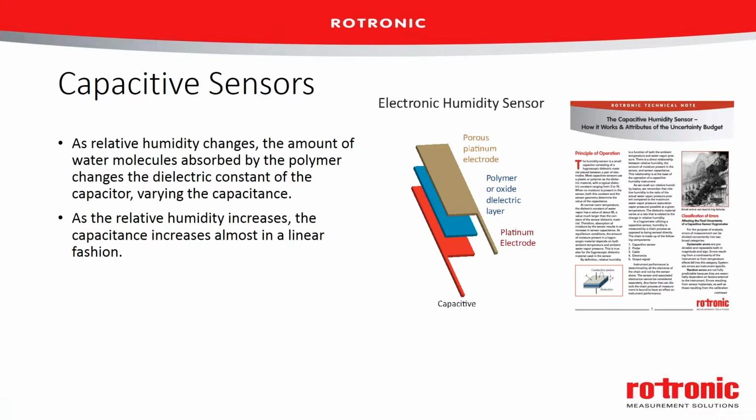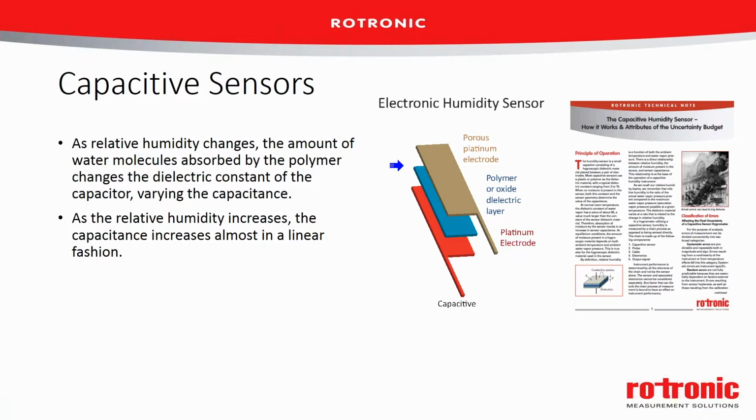From a functional standpoint, the capacitive sensor is essentially a capacitor. Like any other capacitor, it has two electrodes separated by a dielectric layer. At least one of the electrodes needs to be porous to allow water vapor through, and where it gets absorbed and desorbed by the polymer layer.